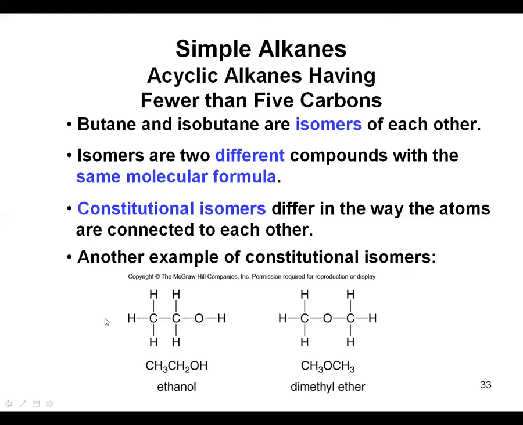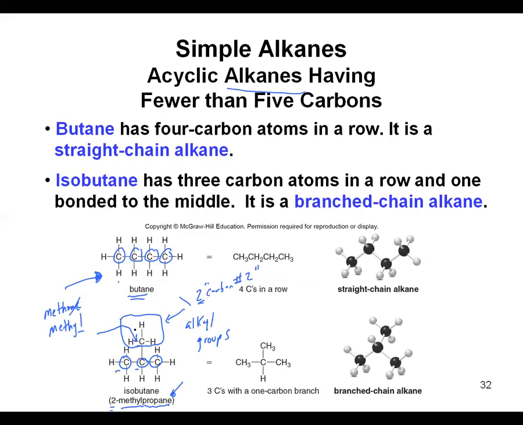So again, the one that we were just looking at here, if we count up all the carbons and all the hydrogens, we have 4 carbons and 10 hydrogens. And same thing down here, we have 4 carbons and 10 hydrogens.